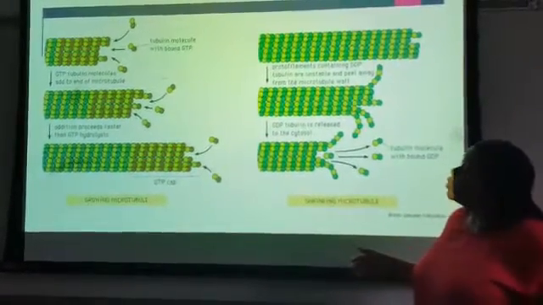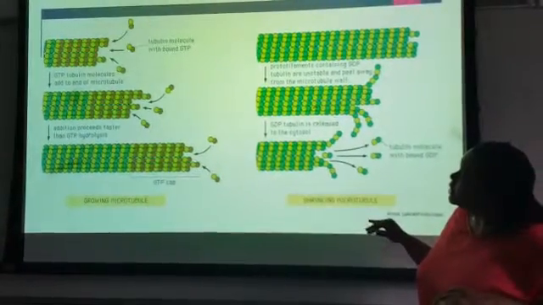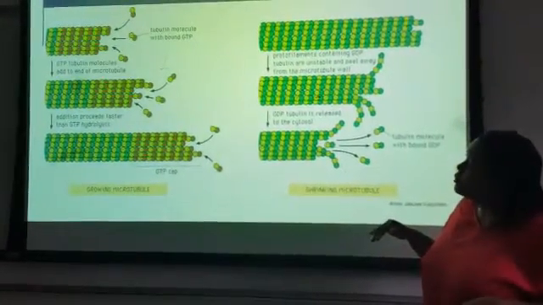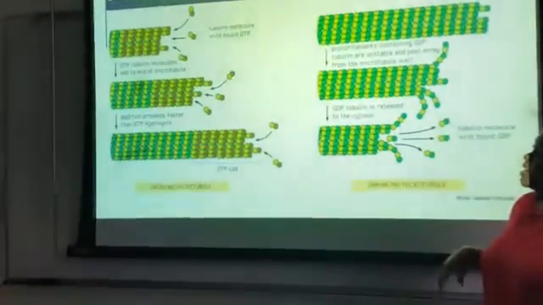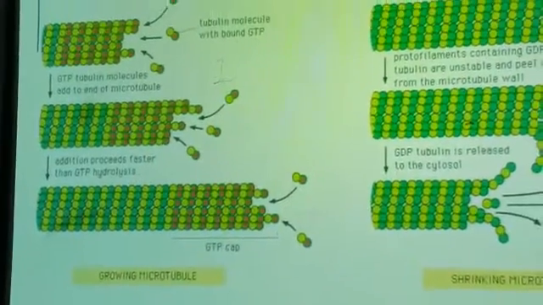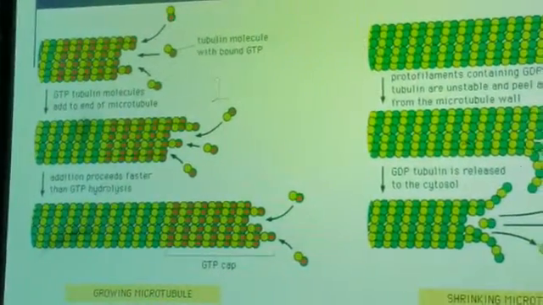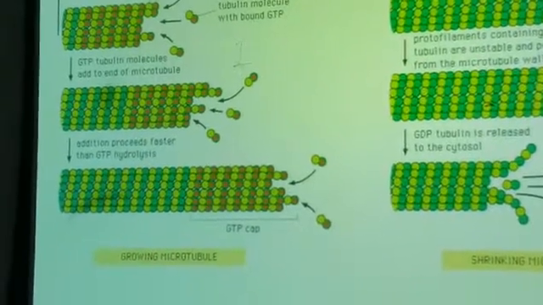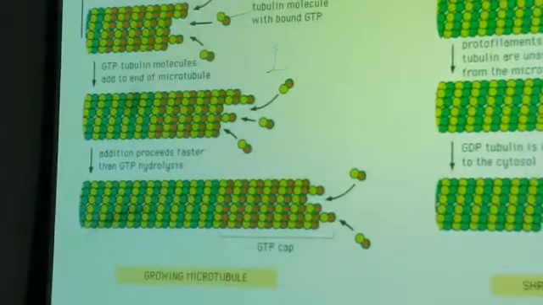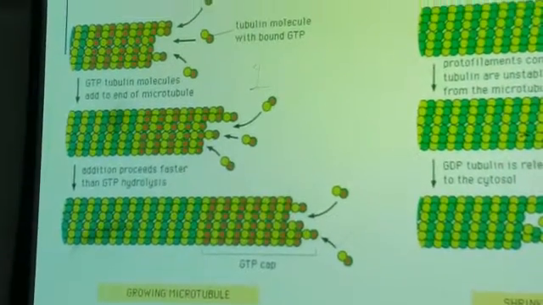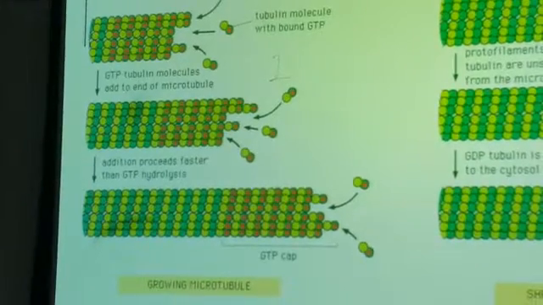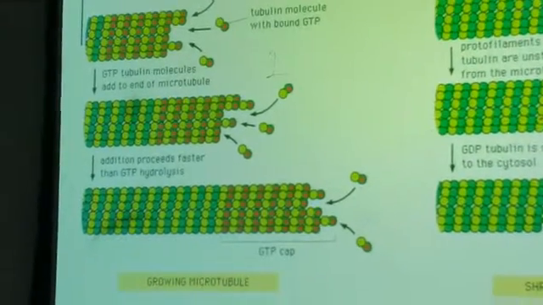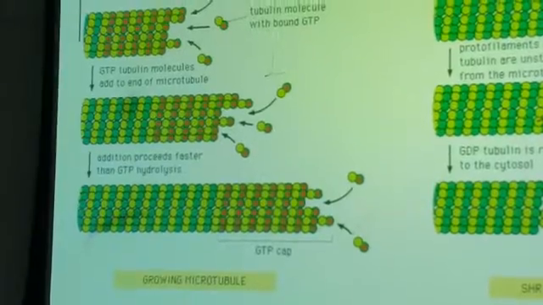Therefore, the rapidly growing plus end of the microtubule will have freely added tubulin dimers with the GTP bond, which tend to grow very fast, which results in growth.